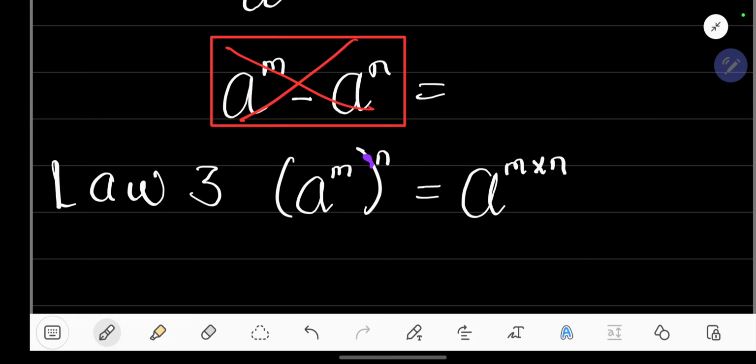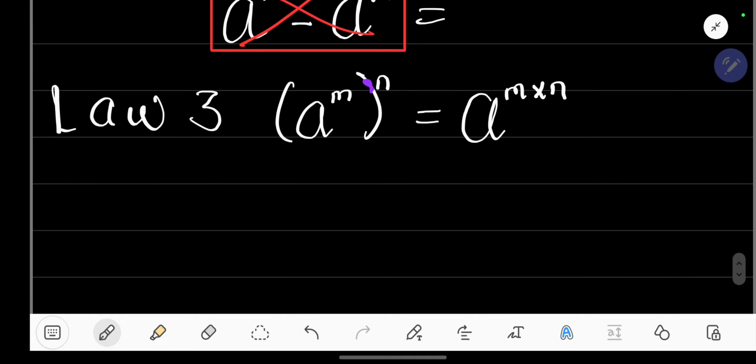Quickly let's go to law number 4. I don't know why, but my pen is so slow.